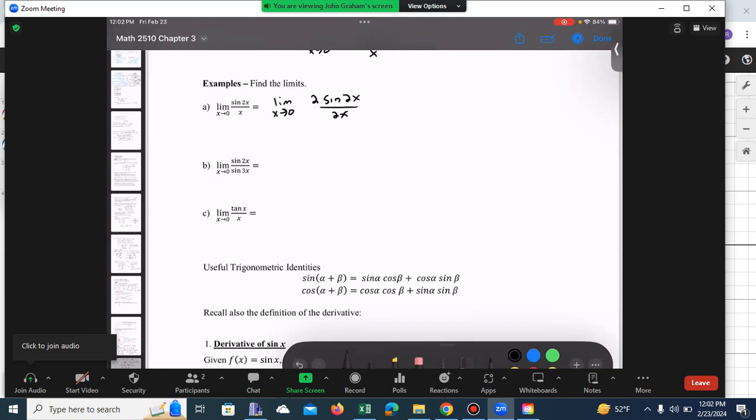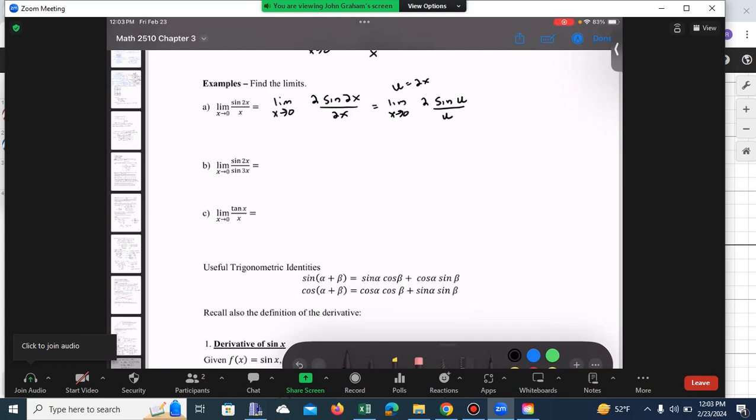And just multiply by 1. Doesn't change anything. And then you can do what's called u substitution. u equals 2x. And so we can rewrite this as the limit as x goes to 0 of sine of u over u. Well, it doesn't matter what u is here.